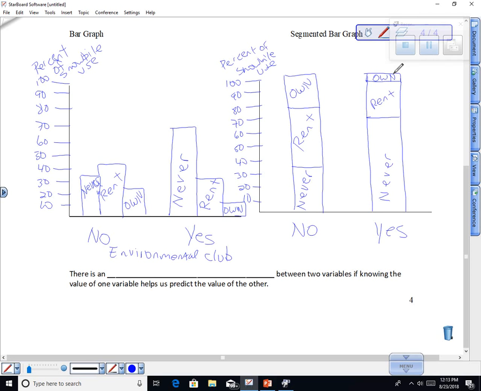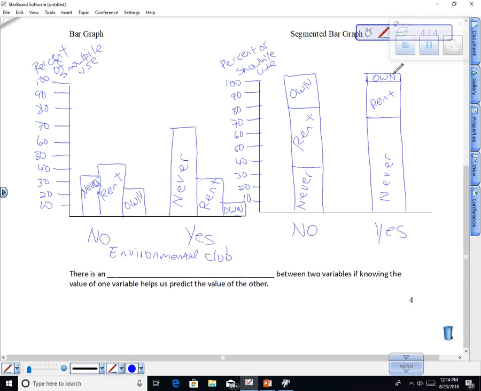Okay, so if I told you that I surveyed someone and they have never used a snowmobile, you might think, well, that might be that they're concerned about the environment. Based on this graph, you might say there's a higher probability that they're in the environmental club than that they're not. Would you agree with that? So that's called an association.